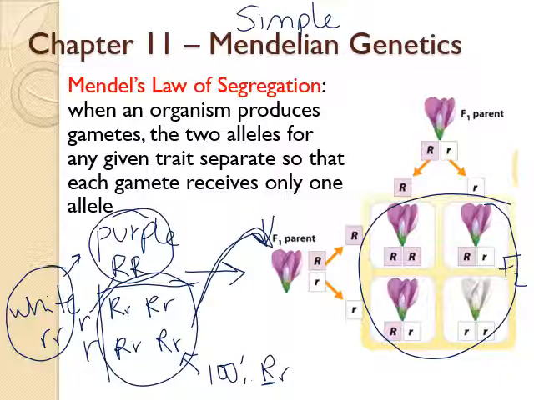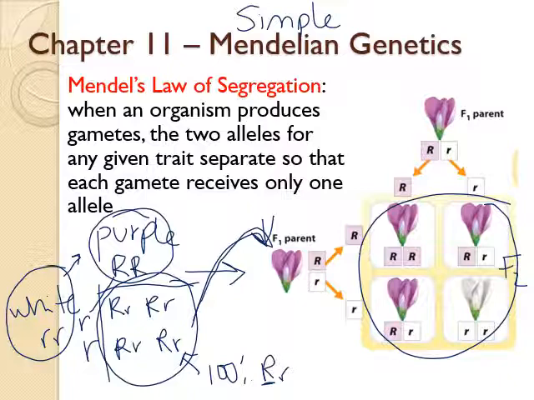So if I ask you to do something like that, it's just asking you to do a cross. So if I ask you to cross a homozygous recessive with a homozygous dominant, you can automatically tell me without even doing a Punnett square that the F1 offspring, the offspring of that homozygous dominant and homozygous recessive parent, are 100% heterozygotes. Okay, they have one of each allele, right?